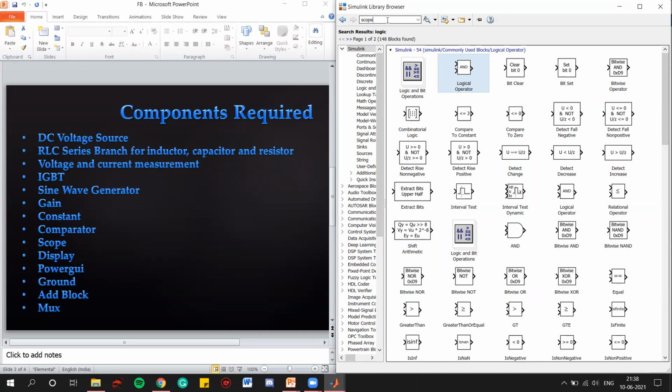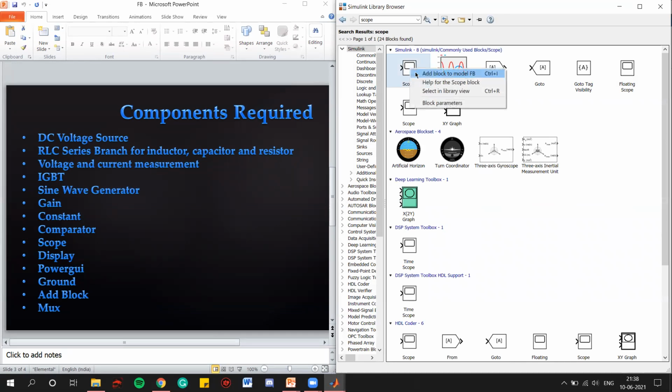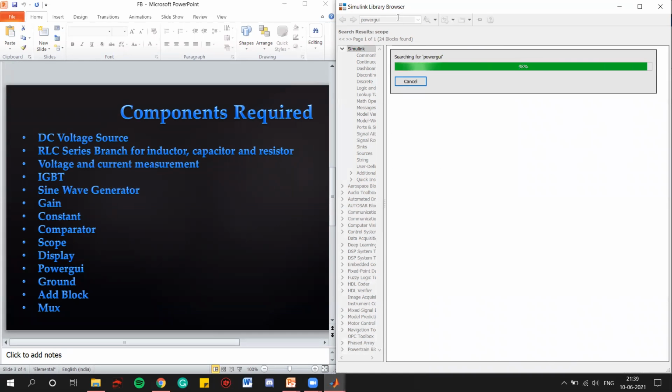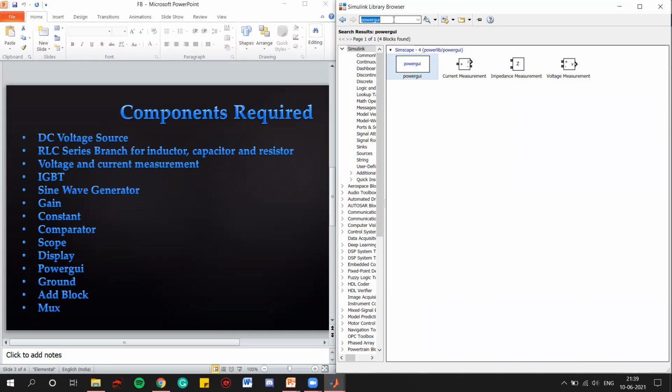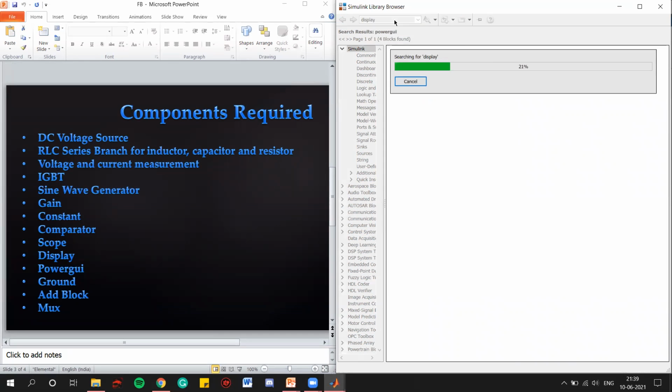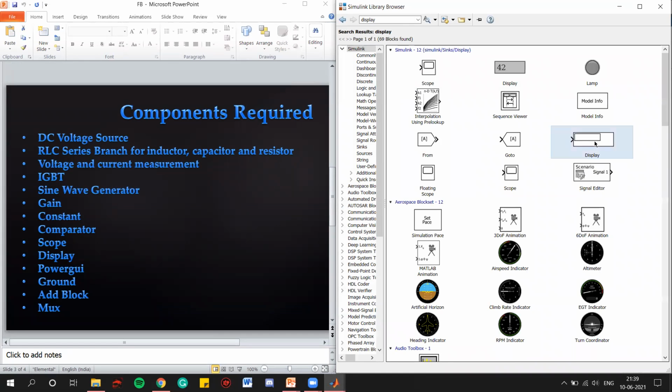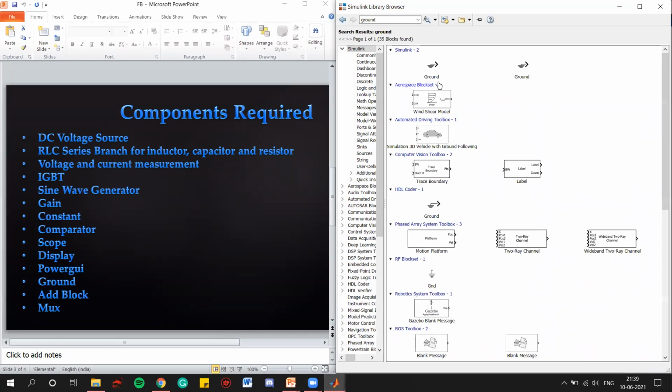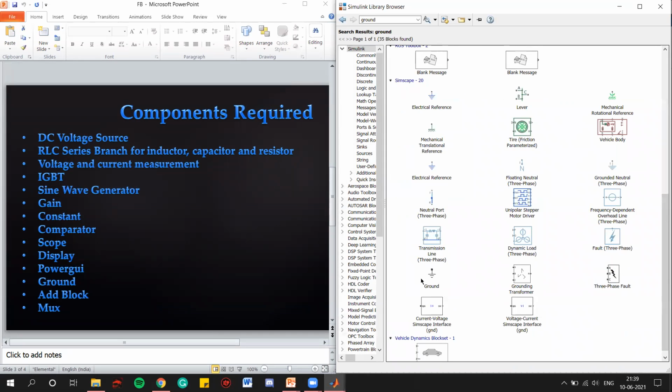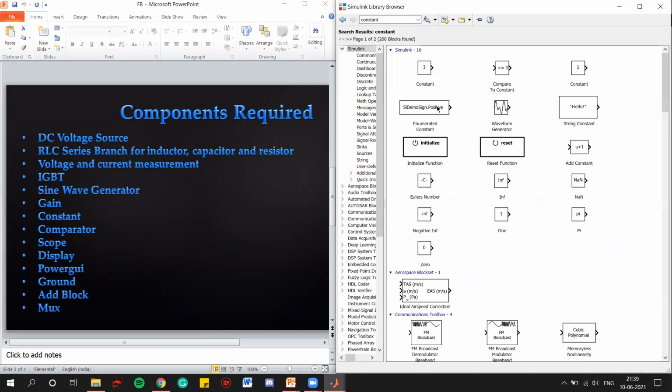Then a scope, then power GUI, display, ground. Take this ground. Constant, we forgot constant.